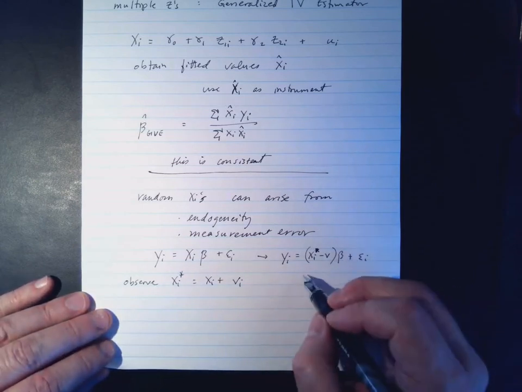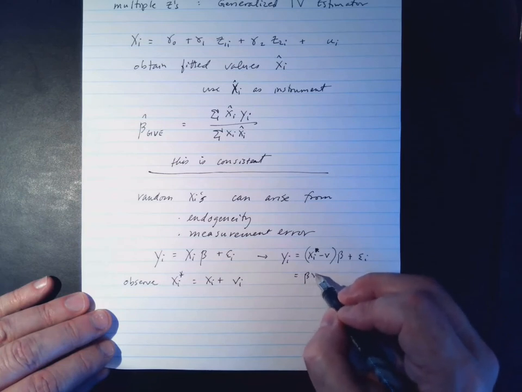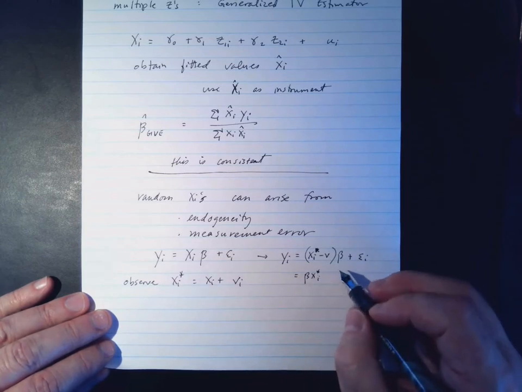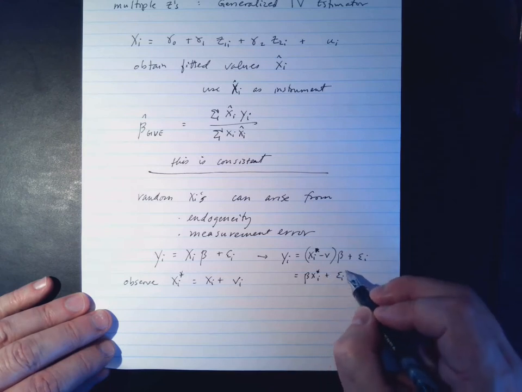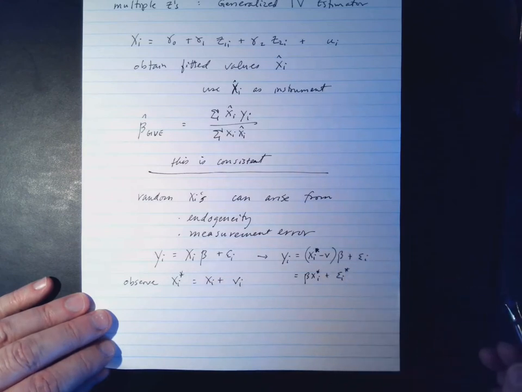So if we have that model, then we have beta x star plus a new error term, which I'll call epsilon star.